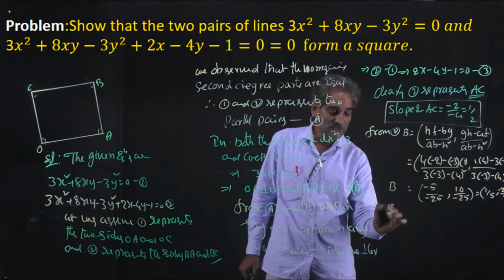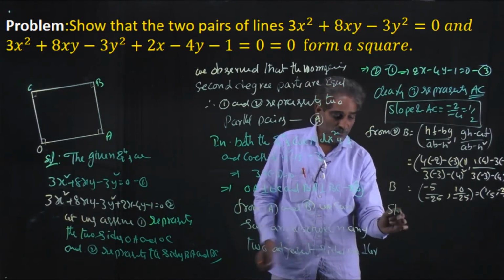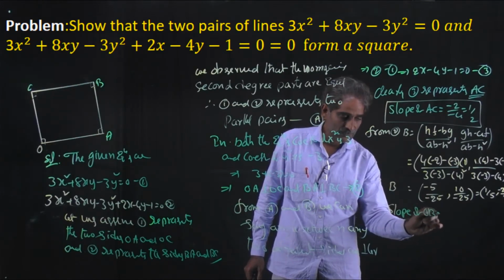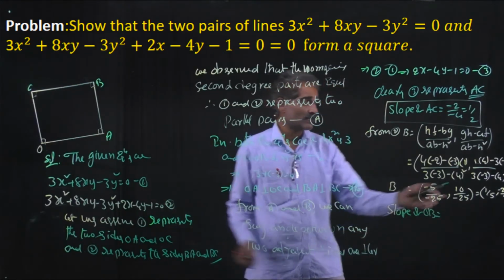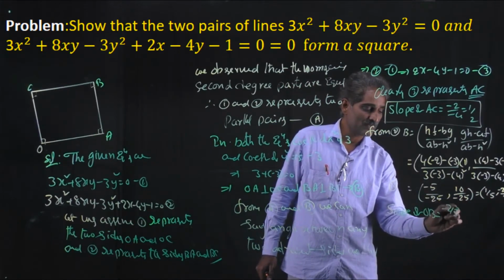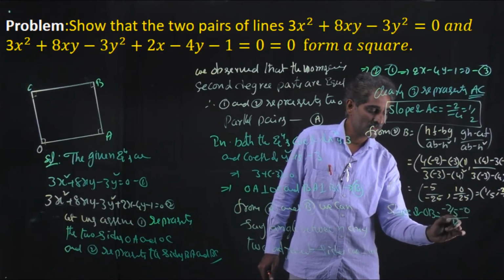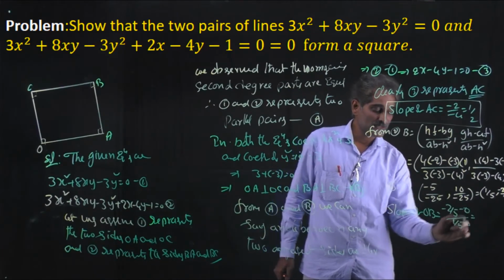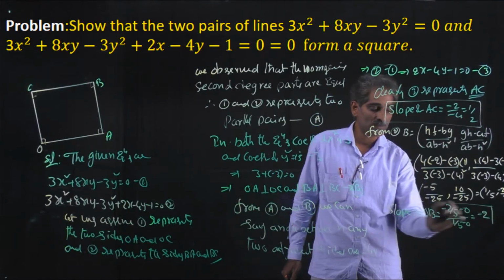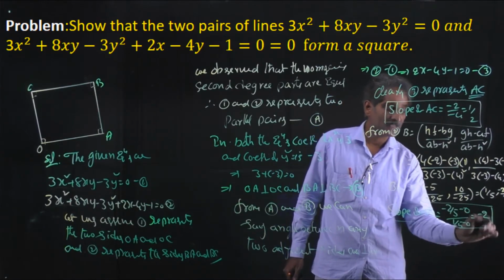Slope of OB is y2 minus y1 by x2 minus x1, that is minus 2 by 5 minus 0 by 1 by 5 minus 0, that is equal to minus 2. This is the slope of the diagonal OB.